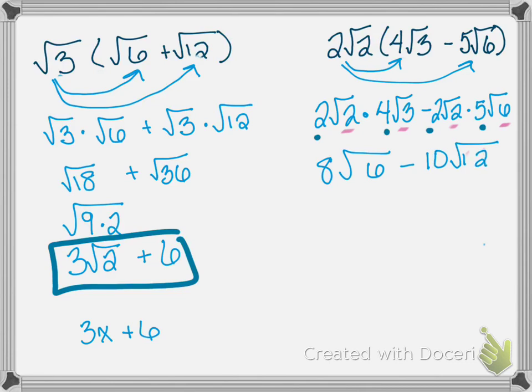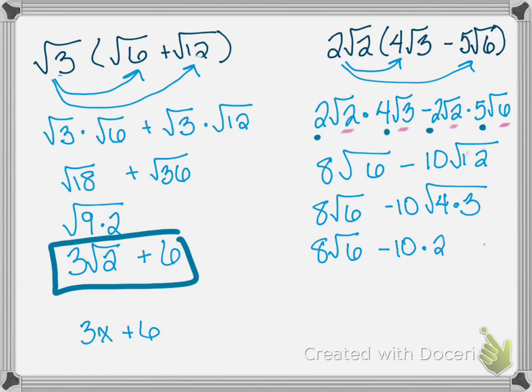There is a perfect square factor inside 12. What is it? 4 and 3. Good. So 12 breaks down to 4 times 3. What's the square root of 4? 2. So my final answer here is 8 on the square root of 6 minus 20 on the square root of 3.